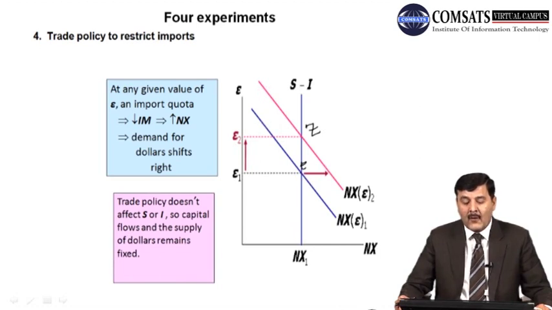The capital flow and the supply of dollar remain fixed. The supply of dollar remains the same, capital flows remain the same, and the net exports of the country are the same.